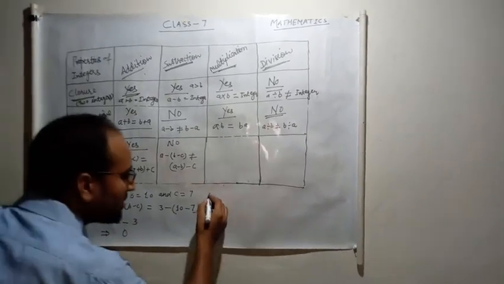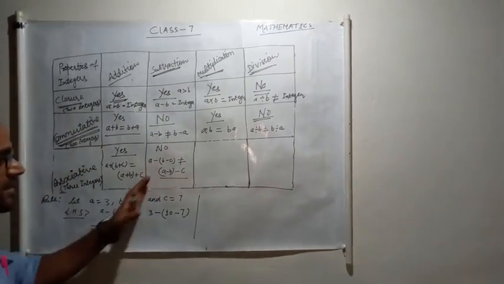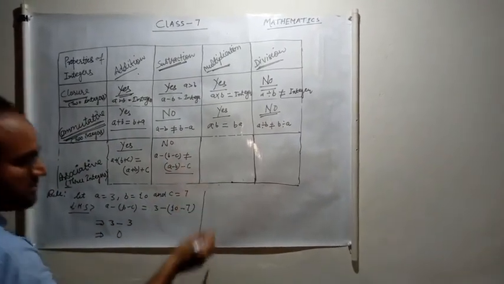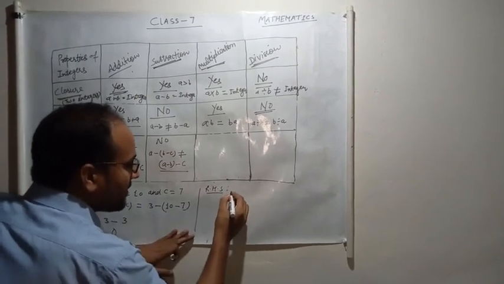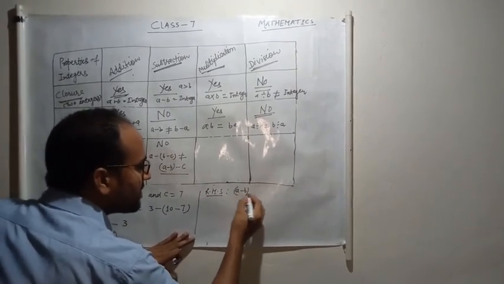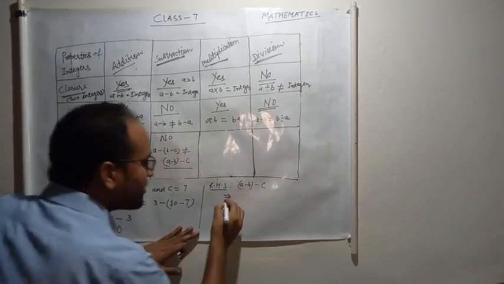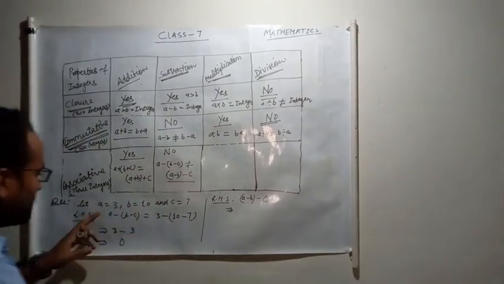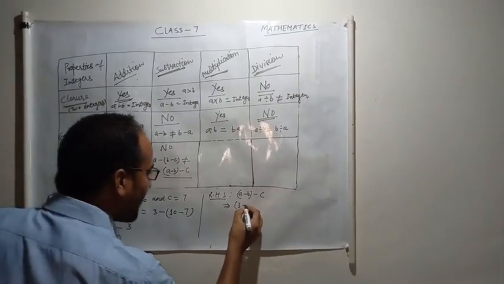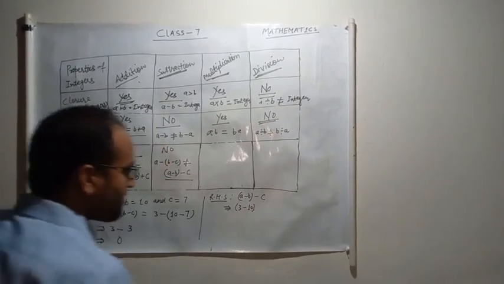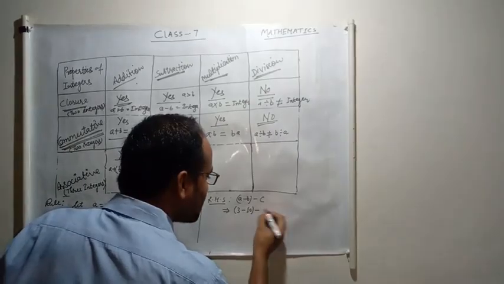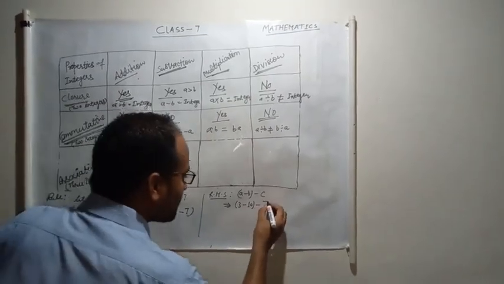Now we are going to solve the right hand side. Right hand side is (a minus b) minus c. First we put the values of a, b, c: 3 minus 10 minus 7.